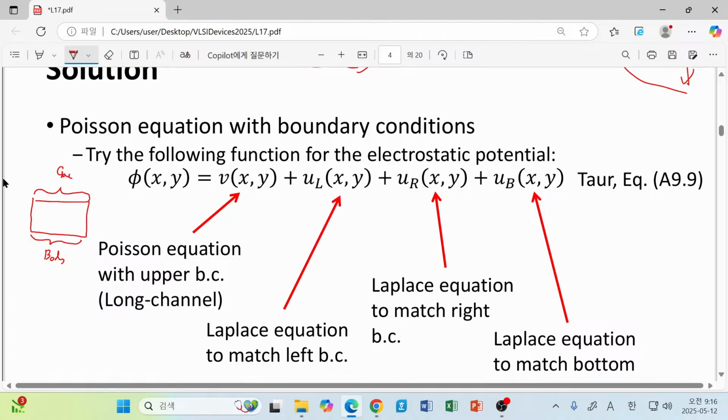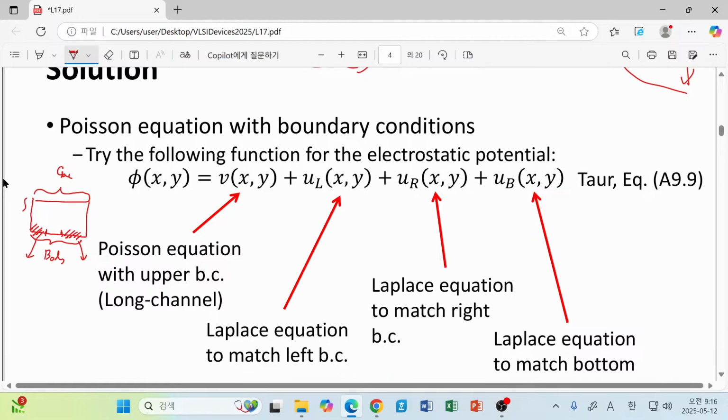Here some part corresponds to the source potential, and some part to the drain potential. But anyway, their values are assumed, so there is no ambiguity on this side.